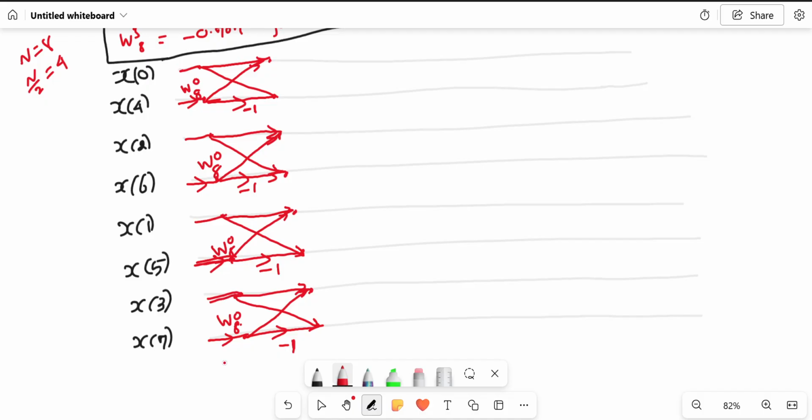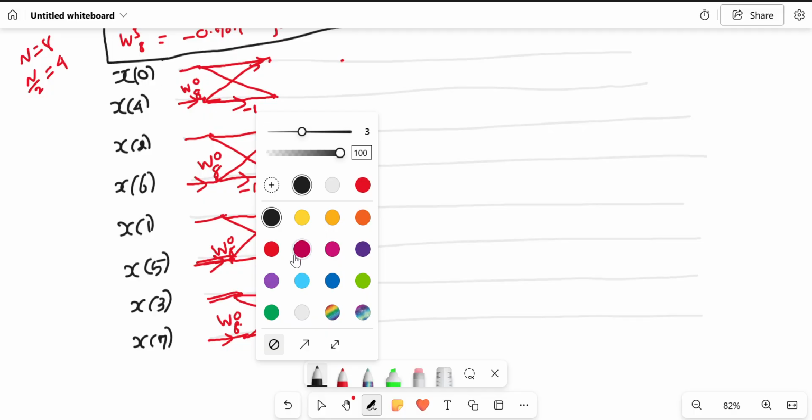Now again, these 2-point computations will be combined into a 4-point sequence. So this is a 4-point sequence. I will take another color, green.